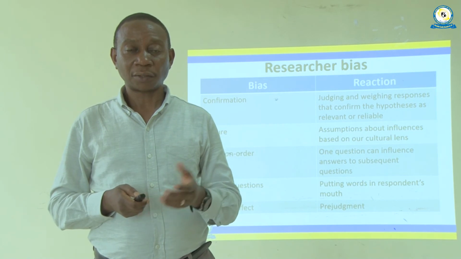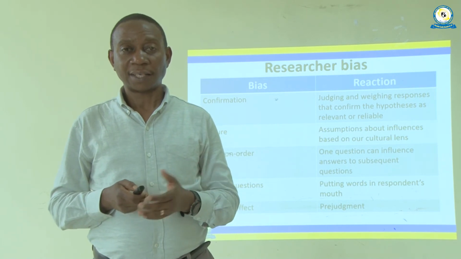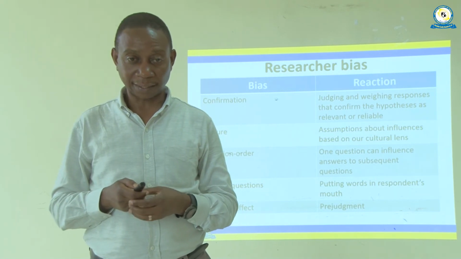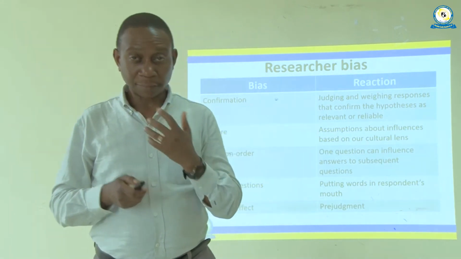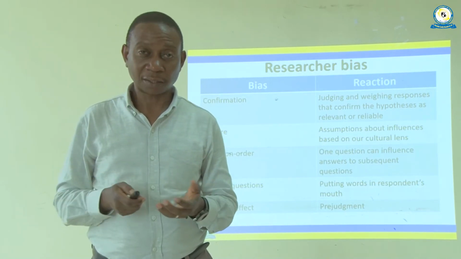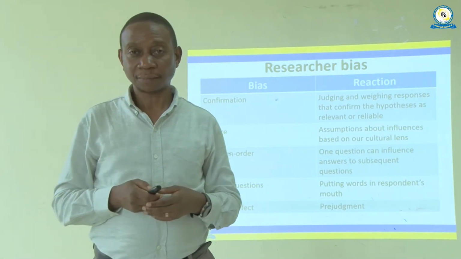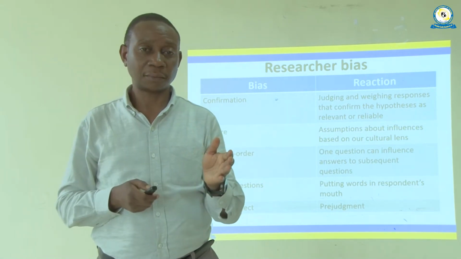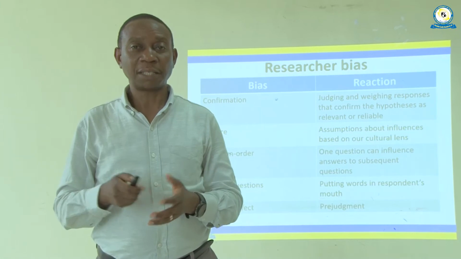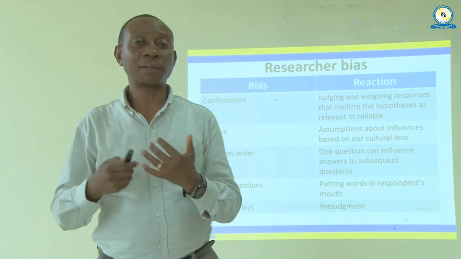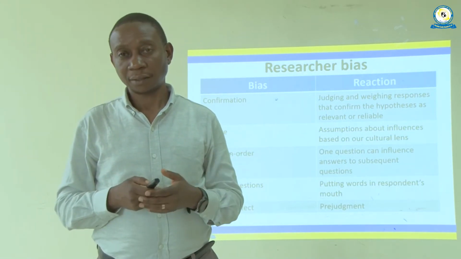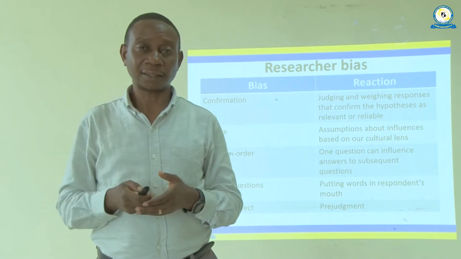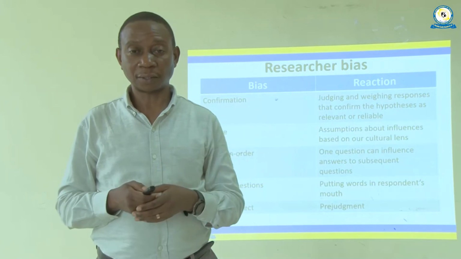Another issue is culture: assumptions about influences based on our cultural lens. Sometimes we make assumptions depending on the culture. We have what we call stereotypes, prejudging based on what we know about one's culture, about some societies, some tribes, and so on.